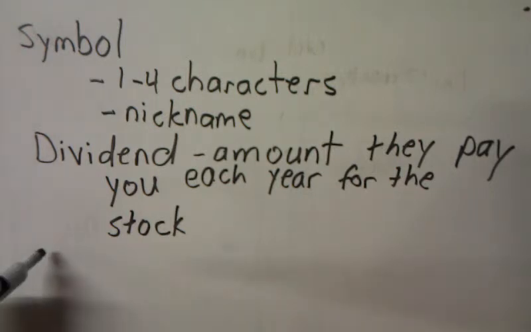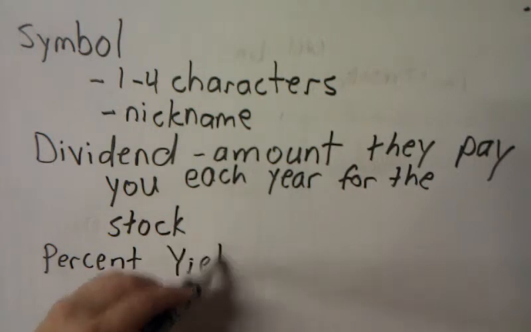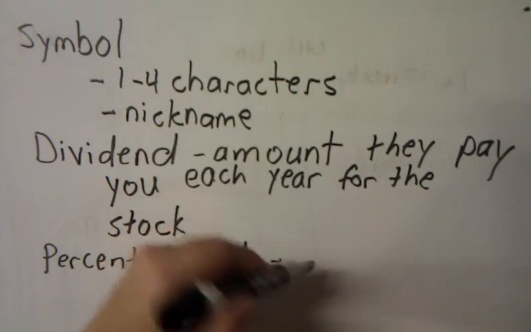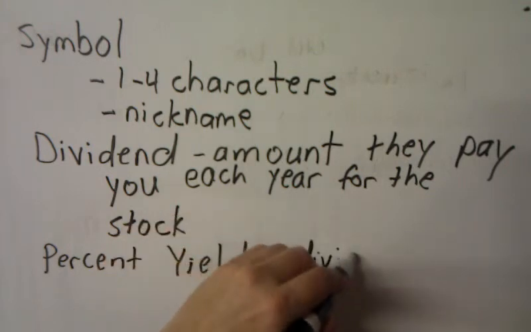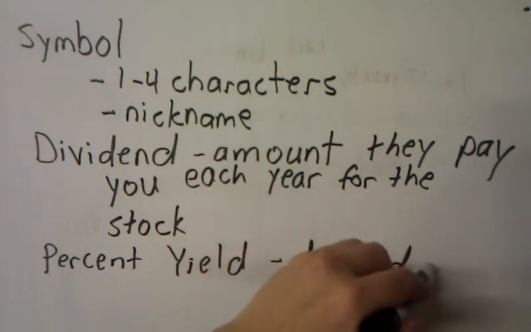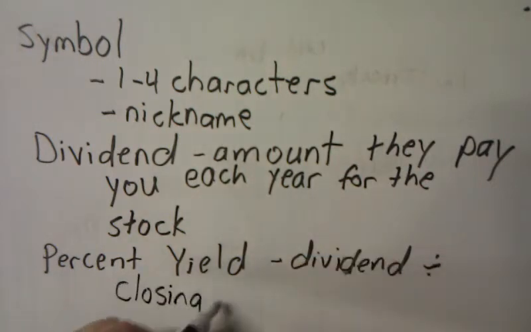So percent yield is the dividend divided by the closing price, and it tells you how much of the price of the stock you will be paid in dividends by the end of the year.